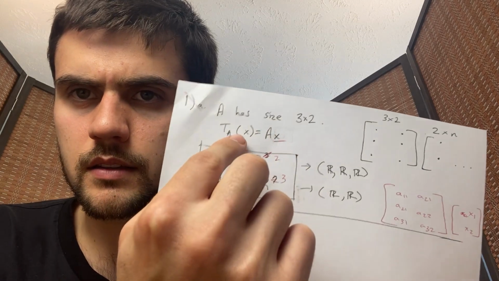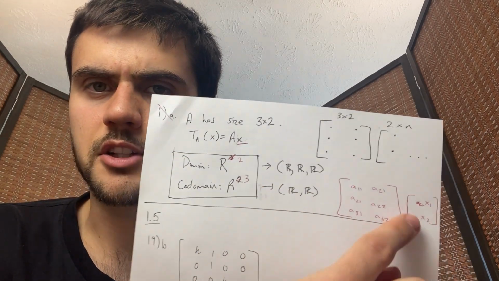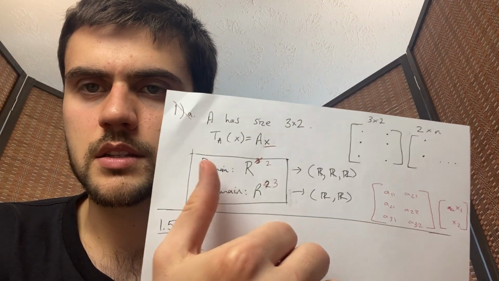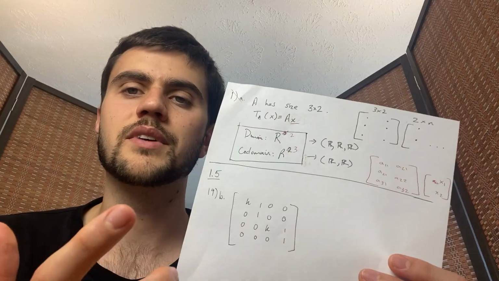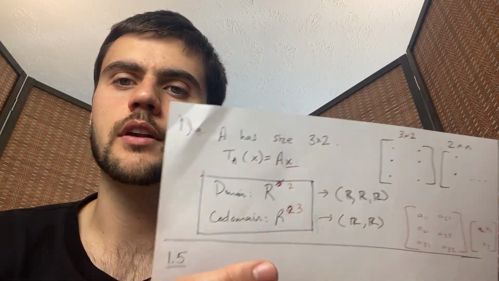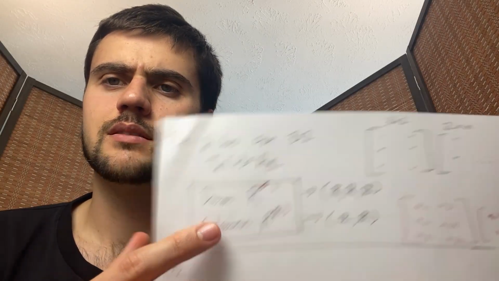X is the input, essentially, so the domain is going to be all the potential X. So it's actually going to be a column vector of height two, meaning it's R2. And R2, I remember now, is a set of all such vectors, so that is the domain. It's a certain form of denoting the domain.